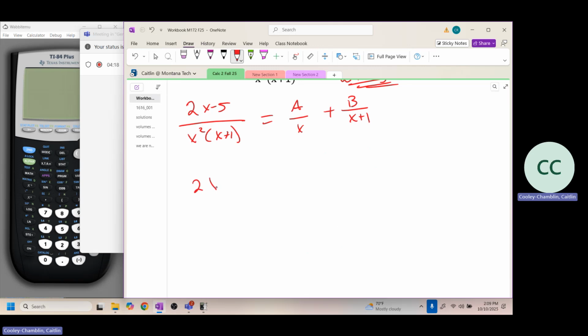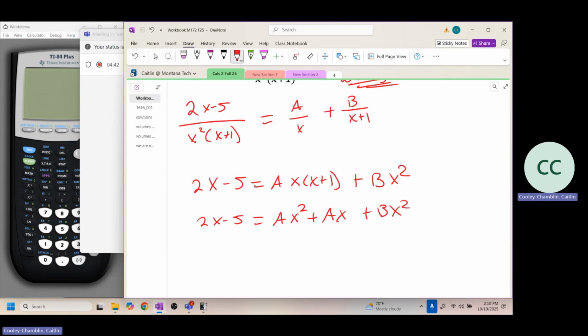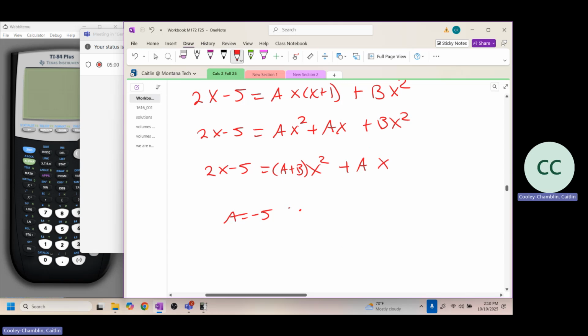So multiplying this out, we get 2x minus 5 equals A times x plus 1 plus B times x squared. So 2x minus 5 equals Ax squared plus Ax plus Bx squared. So 2x minus 5 equals x squared times A plus B, plus Ax.